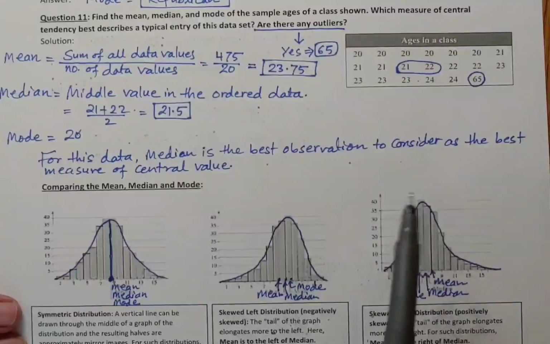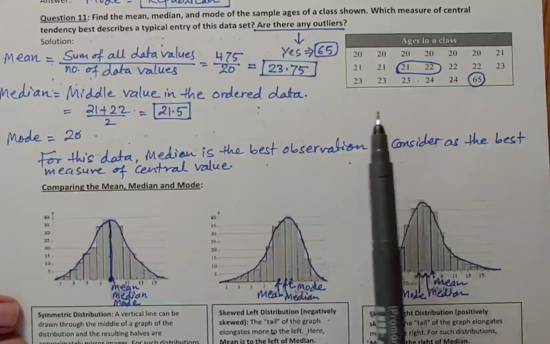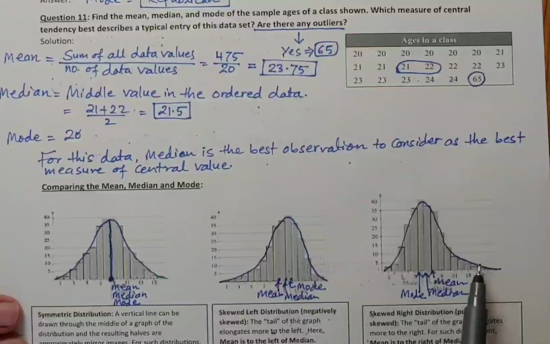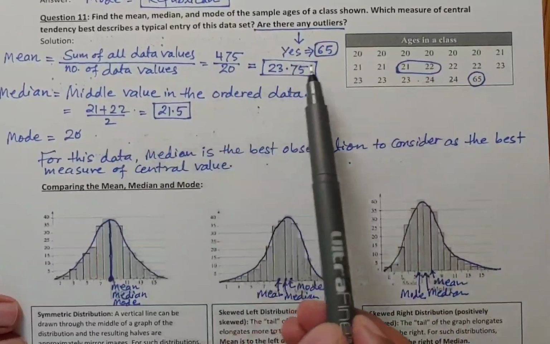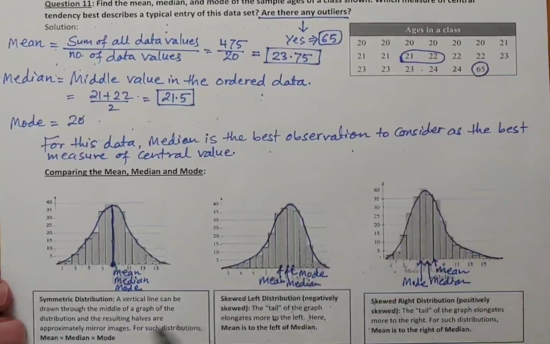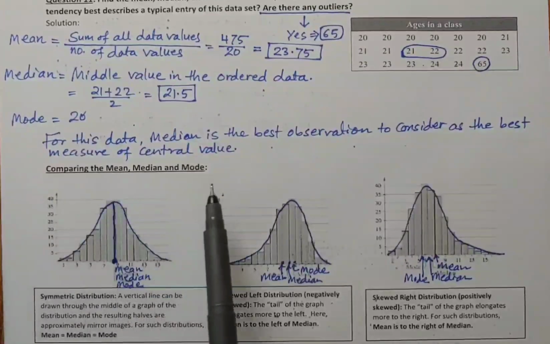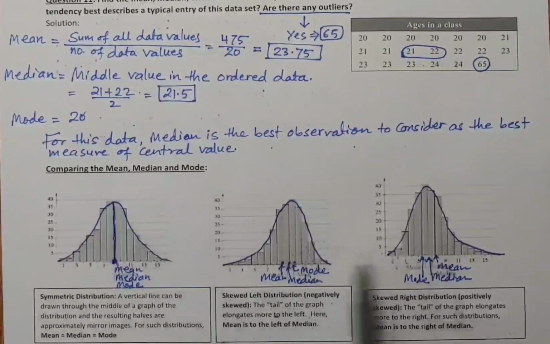Why? Because if you draw this way, you can get this type of shape. And in this shape, mode is the smallest number, and then median, and then mean. Okay, so that was just comparing mean, median, and mode based on their graph.